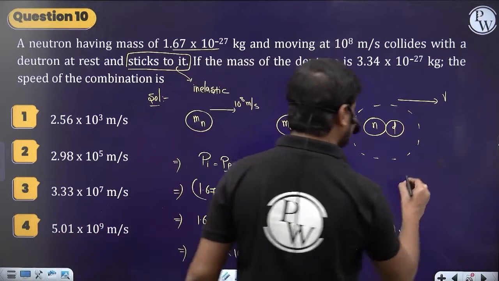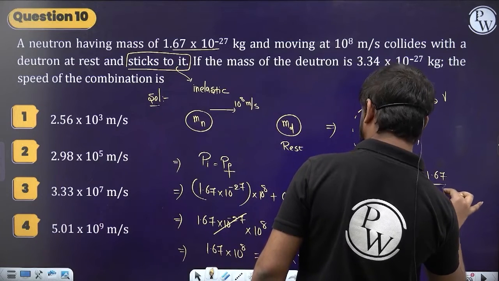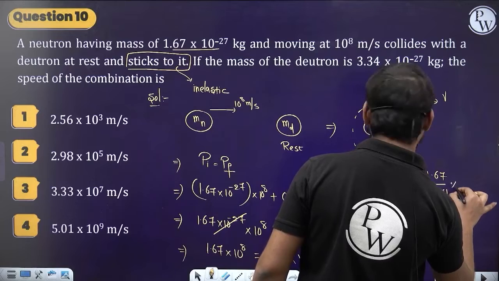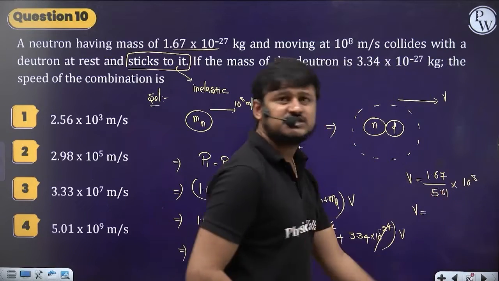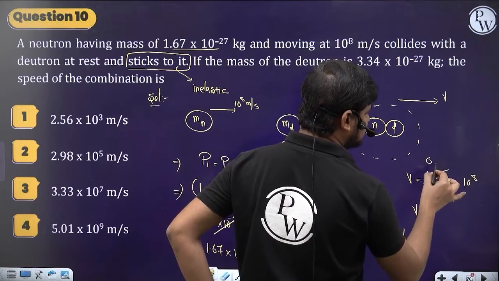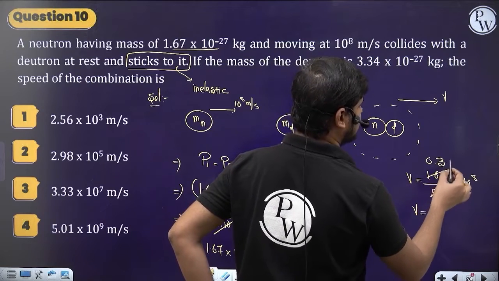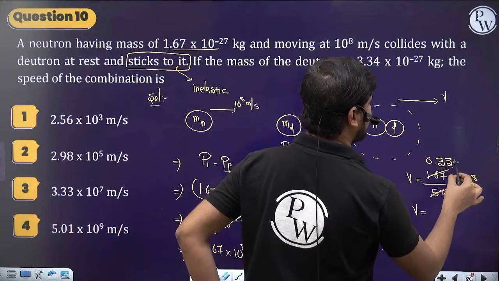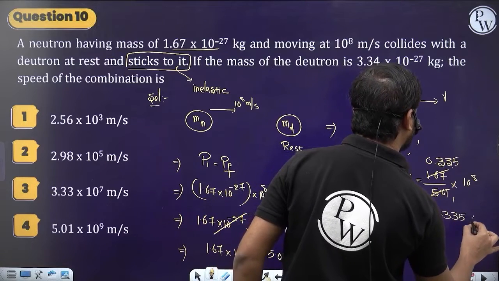So now we need the velocity. V equals 1.67 by 5.01 into 10 to the power 8. Let's consider the denominator as 5. Doing the division, it is nothing but 0.335 into 10 to the power 8.